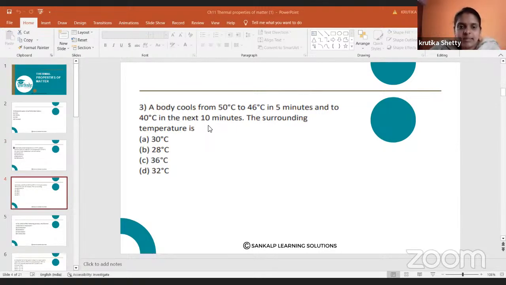They are asking the surrounding temperature. You can calculate this by using which law? Newton's law of cooling, we can use it here to calculate.